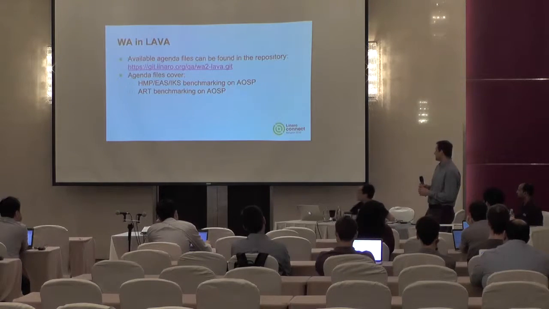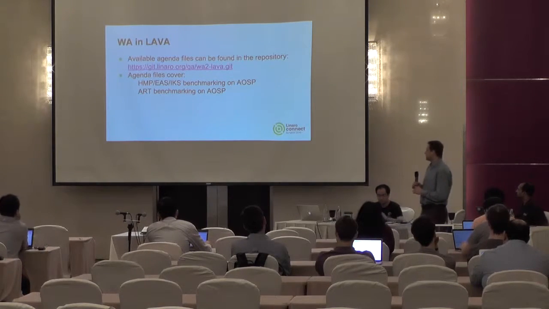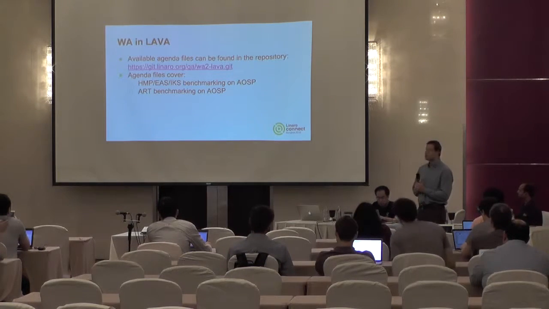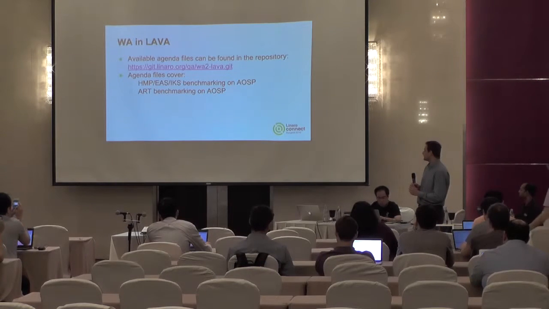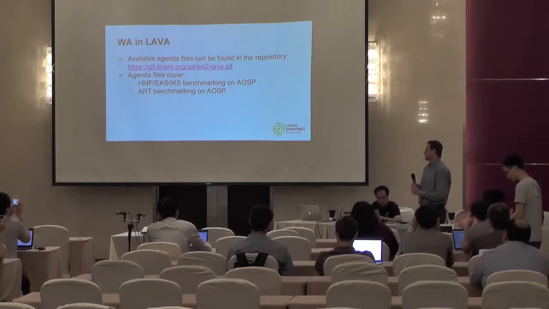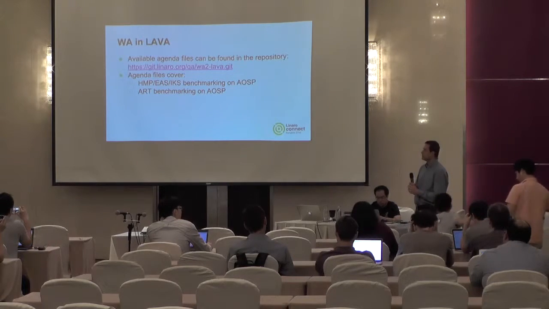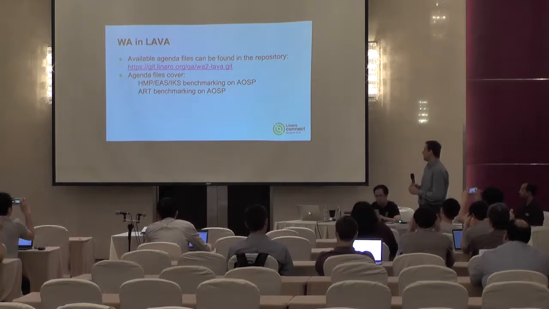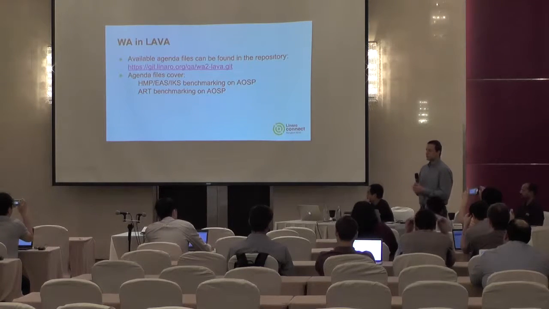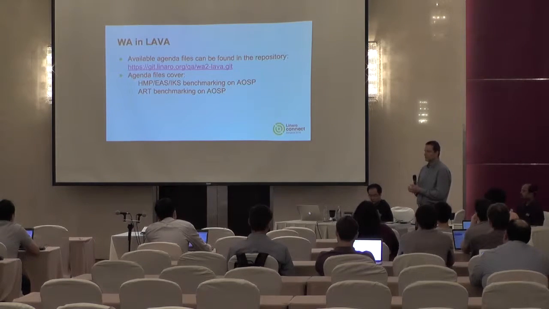As I said, there are a couple of agenda files that we already provide. They are mainly for Juno, for HMP, EAS, IKS benchmarking, and for Nexus 5, Nexus 9, and Juno for ART benchmarking. I guess they can be considered examples. These are the ones that we use, and everyone else's use cases might be different.